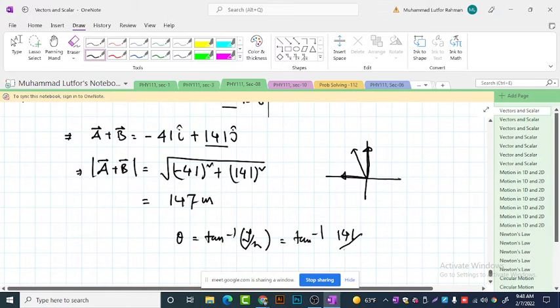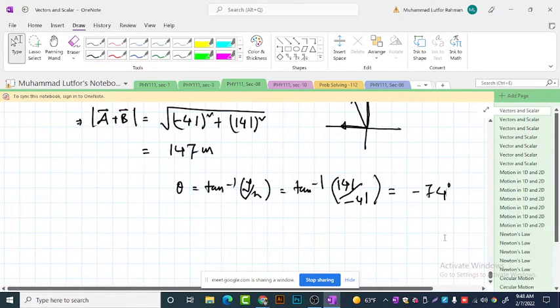If you do that calculation, you will find the angle is basically negative 74 degrees. Now what is this negative 74 indicating? Remember, when you use the formula y by x, it will always give you the angle direction from the nearest x axis to the y axis.